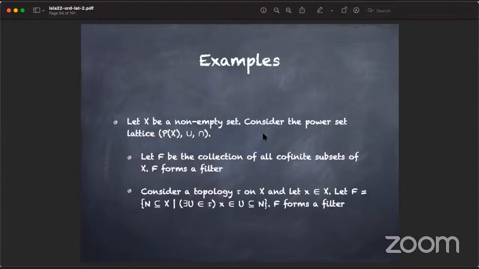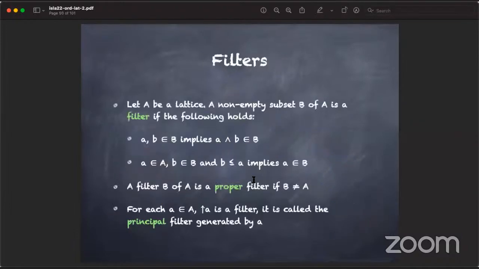What are ultrafilters? They are nothing but maximal filters, which means that they are proper filters. That's the whole point of introducing what we mean by proper filters. So they will be proper filters such that they do not have any other filter containing them. So in that sense, they are maximal.